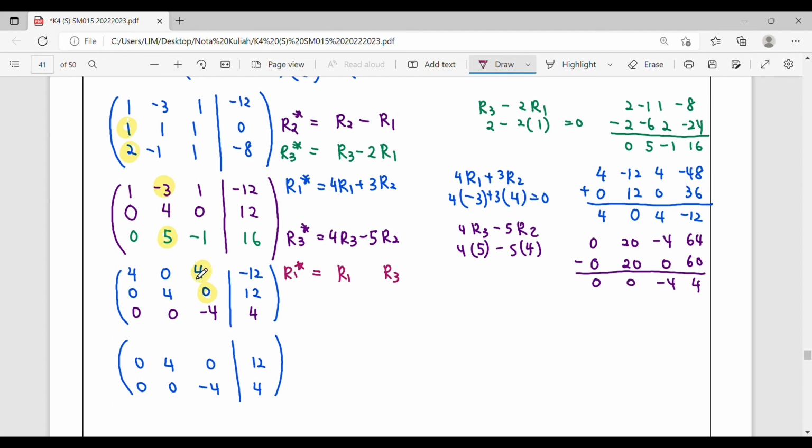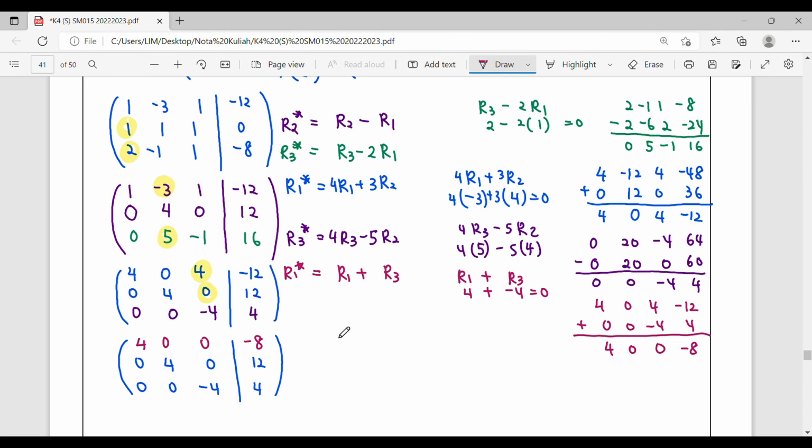Row 1 value is 4 and row 3 value is negative 4, so we just add up to get 0. So row 1 plus row 3, operated for the whole row. Row 1: 4, 0, 4, negative 12. Row 3: 0, 0, negative 4, 4. Add up. So here we get 4, 0, 0, negative 8.